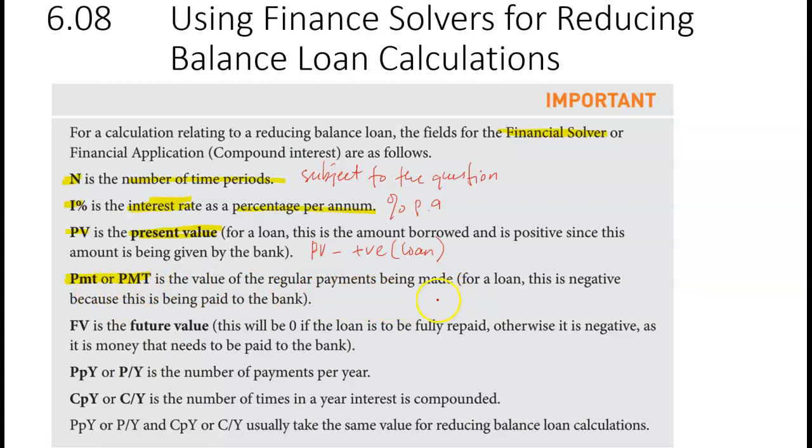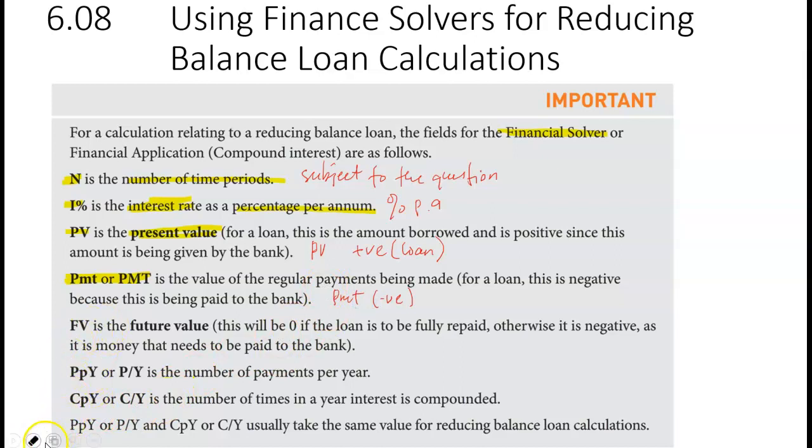Because when you pay, money goes out of your pocket, the payment will be a negative value. So do take note here, this is negative.